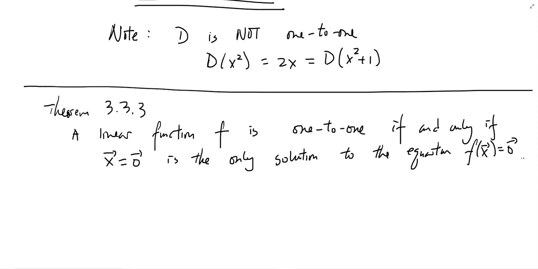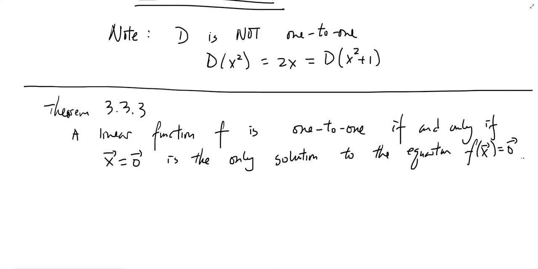Now, with that being said, I do want to point out the following. This theorem seems to suggest that vector x is a vector in Rn, and the 0 vector is the vector we define to be all 0. However, it's not technically true. This statement actually allows us to define things that happen in other vector spaces. Meaning in this case, a vector x could actually be a matrix, a polynomial, a continuous function, any of those.